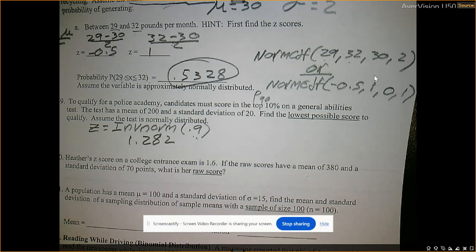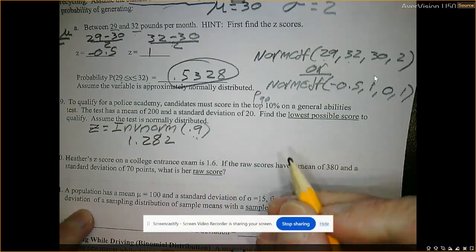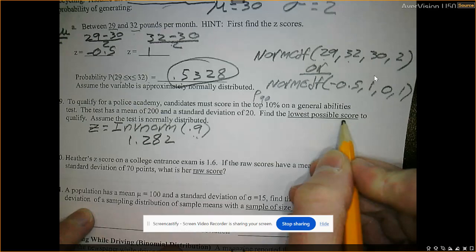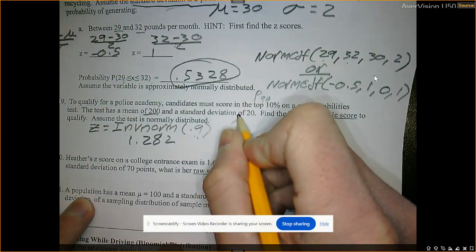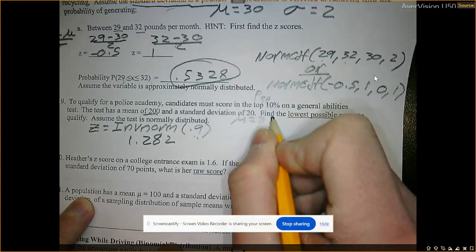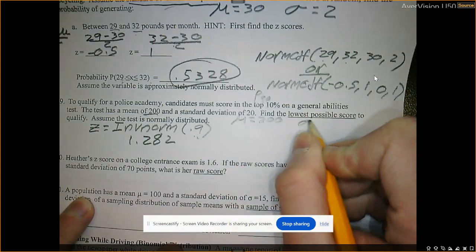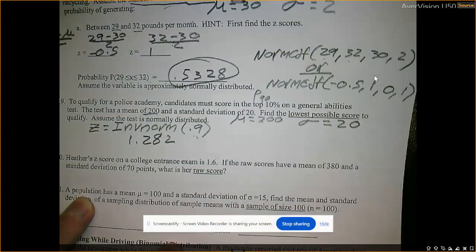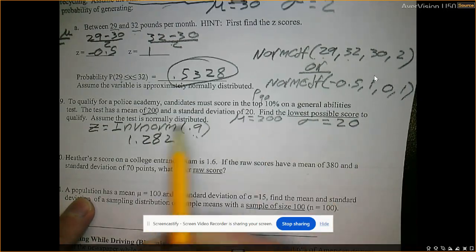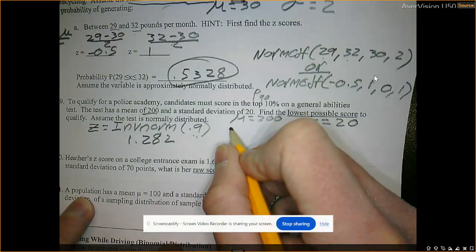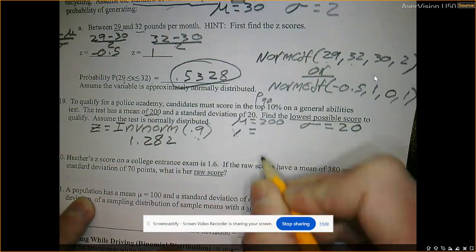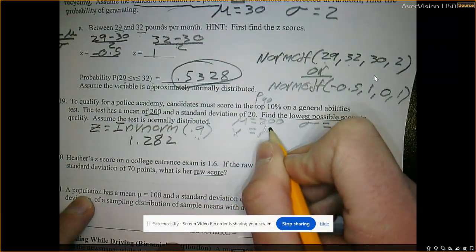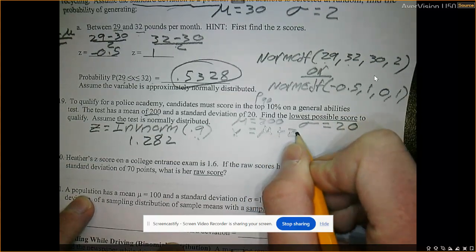Okay, and then from there, because you're trying to find the lowest possible score to qualify, and you know you have a mean of 200, you know you have a standard deviation of 20, okay, and you're trying to find the lowest possible score that qualifies. So you're trying to find an x value, the raw score, which you can find by doing mu plus z sigma.